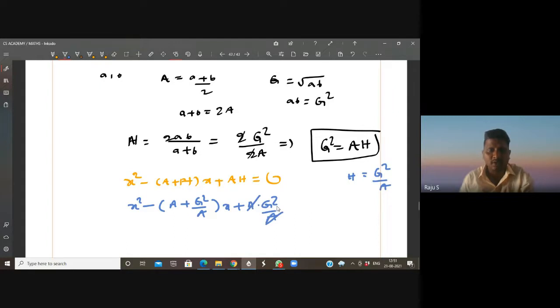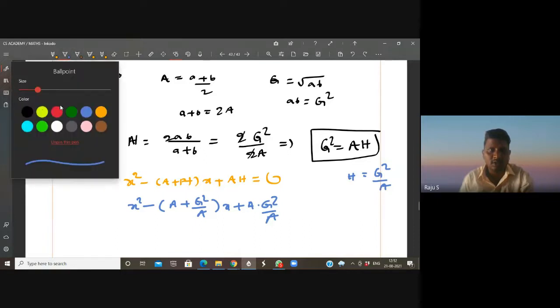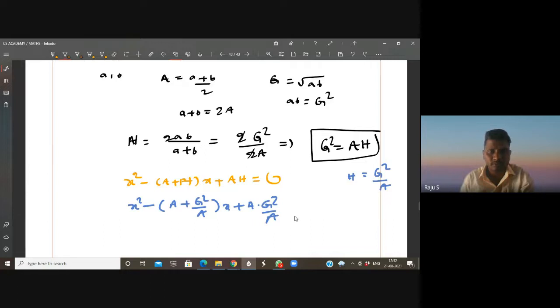Now what is the LCM? You may not cancel here, it is better because we are going to get the LCM. What is the LCM, students? A is the LCM. So Ax square minus (A square plus G square) x plus AG square is equal to 0. That's all.